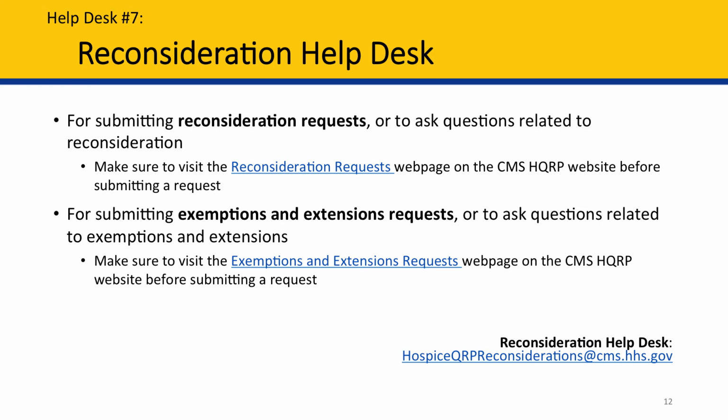Before you submit either of these requests, make sure to review the appropriate CMS HQRP webpage to ensure you have followed all the necessary steps and have all the necessary documentation to support your request. The email for the reconsideration help desk is listed on slide 12.